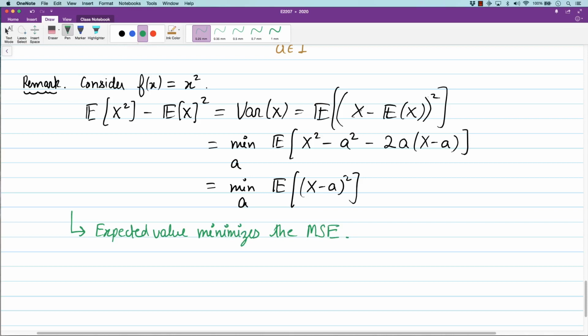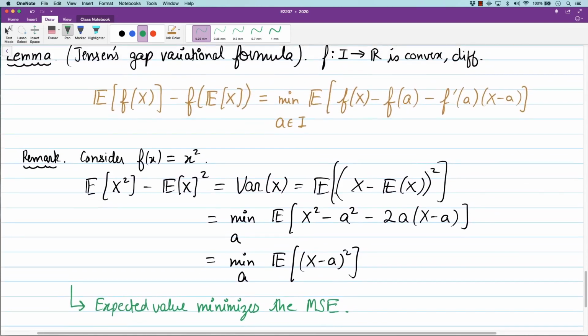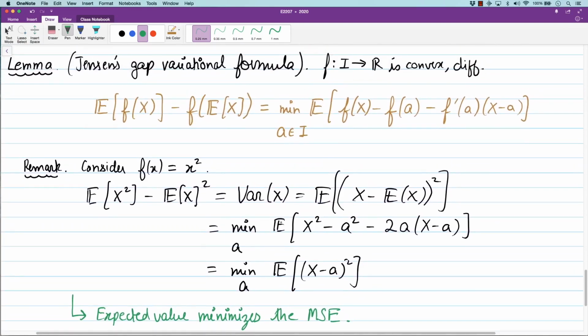This is the mean squared error, and the constant which minimizes this is expected value. That's something you have seen. Perhaps you know about it. Otherwise, you can. Here is a proof, by applying this formula, which we haven't proved yet. So that's what we have seen.